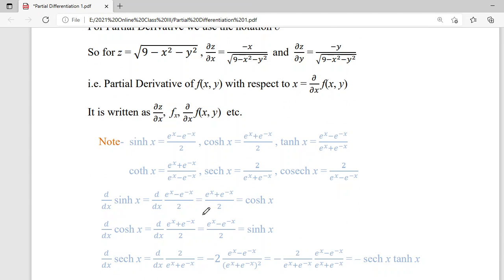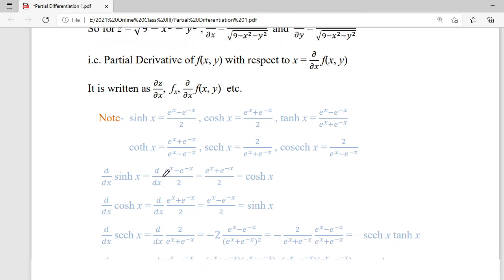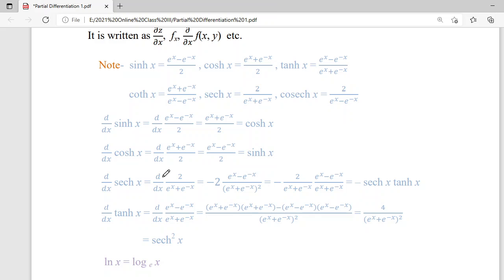And one thing we have not defined before is the hyperbolic functions. Sine hyperbolic x is defined as e to the power x minus e to the power minus x, divided by 2. Cos hyperbolic x is e to the power x plus e to the power minus x, divided by 2.